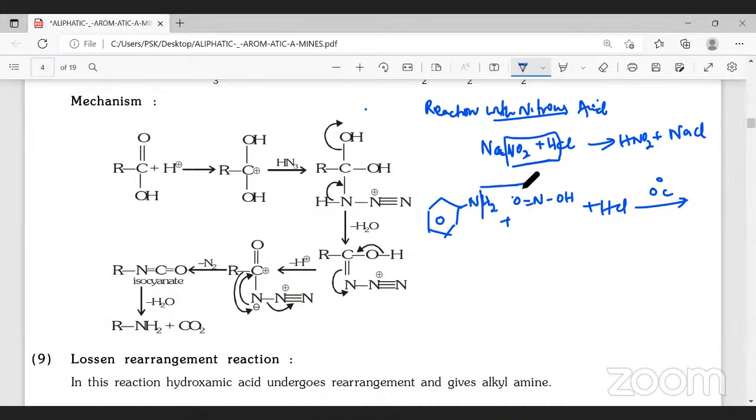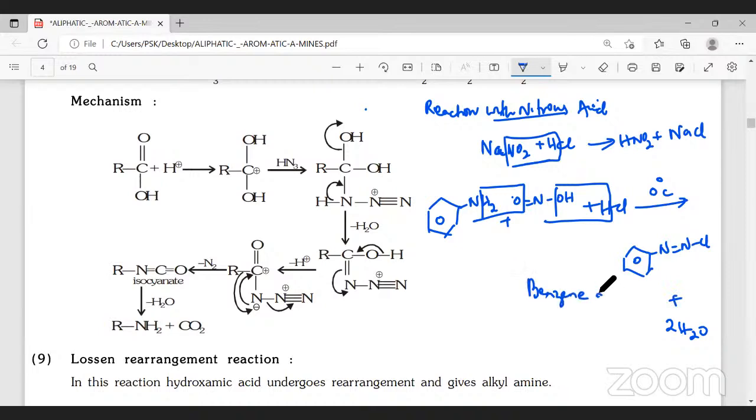So what happened? H2O gets eliminated. Here also O and H get eliminated as 2 moles of water. And what else we have? We have a benzene ring. We have nitrogen here. We have a double bond nitrogen here. And you have Cl. This is called a dye.